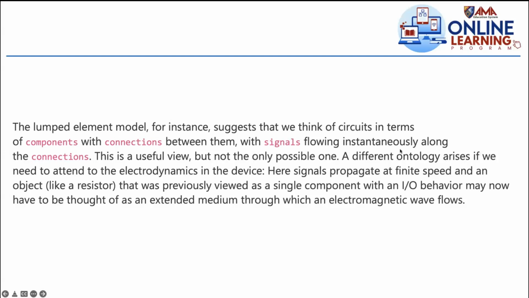So a different ontology arises if we need to attend to the electrodynamics in the device. If that is the model, electrodynamics, then you can think of it this way. Here, signals propagate at a finite speed. And an object like a resistor that was previously viewed as a single component, an object in this view with an I/O behavior, may now be thought of as an extended medium through which an electromagnetic wave flows. So these are different terms of looking at the circuit.